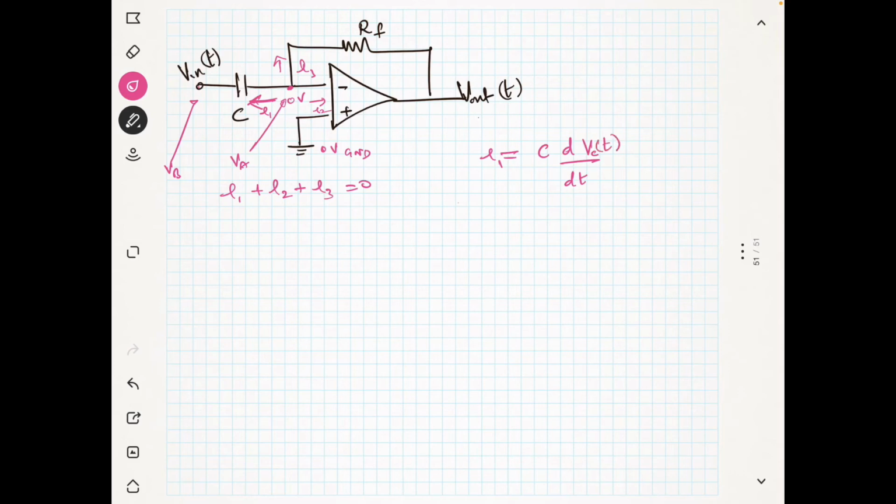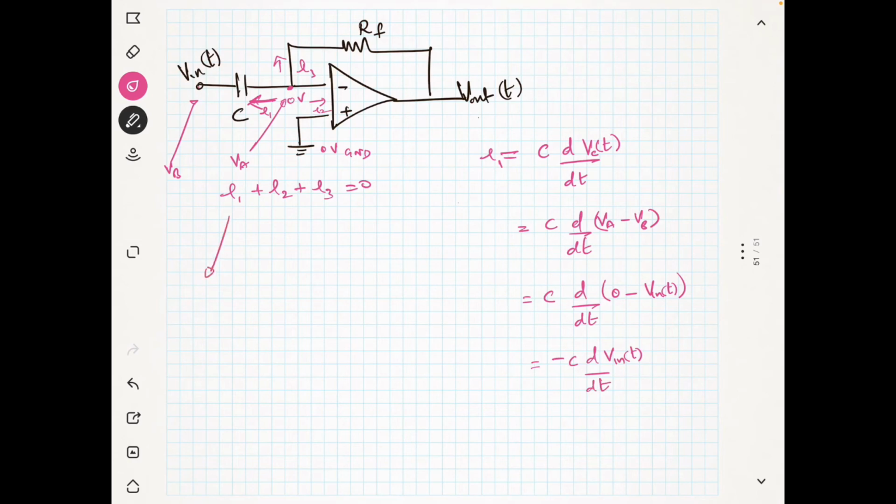The voltage across the capacitor is VA minus VB, because I am assuming that the current is flowing like this. So this is C into d by dt of 0 minus V in of t, because of my assumption. So this is nothing but minus C into dV in of t by dt.